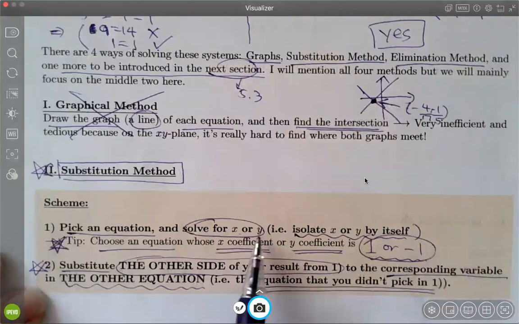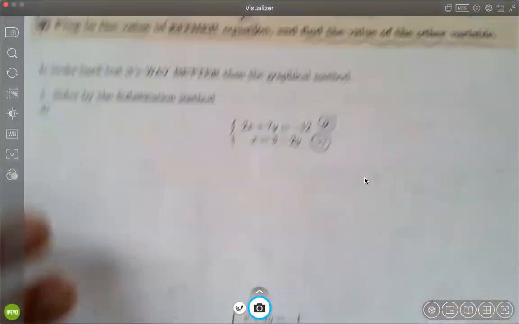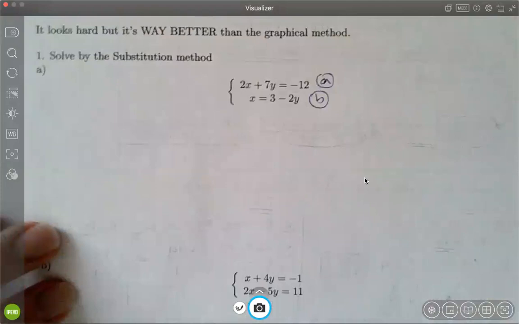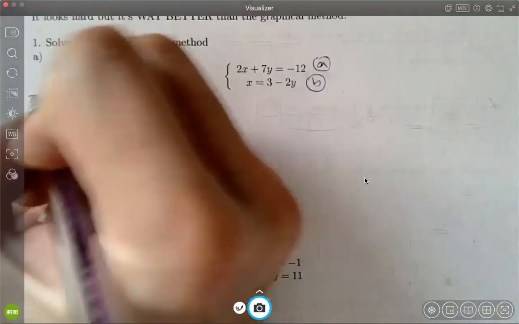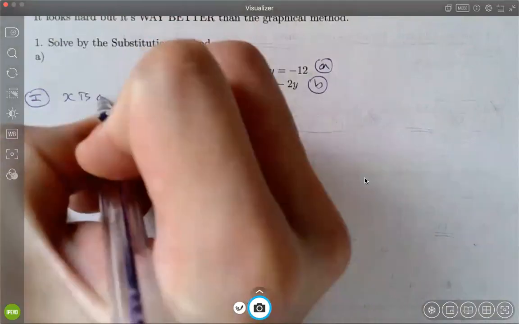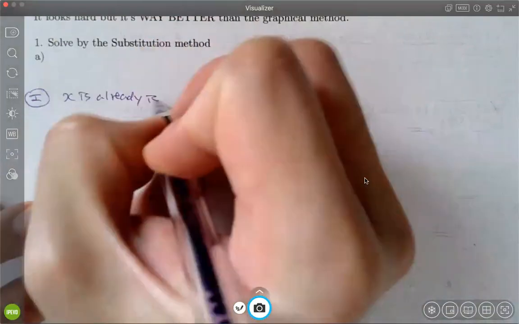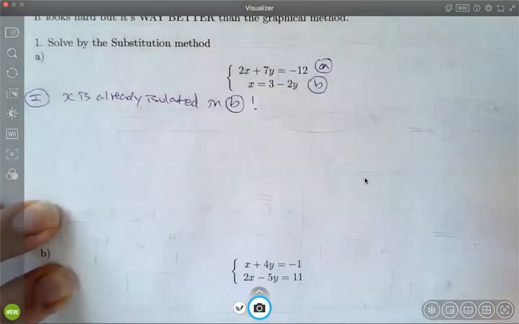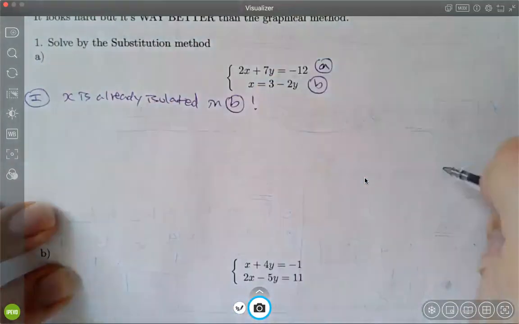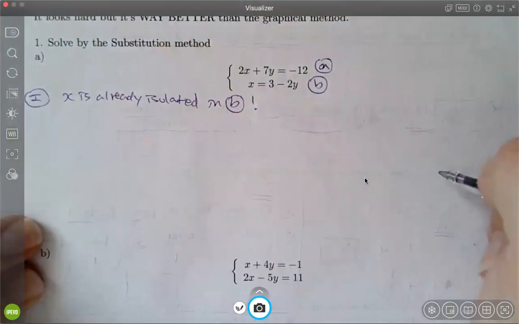The convenient thing about the bottom equation is x is already isolated in B. So step 1 is already satisfied right away.